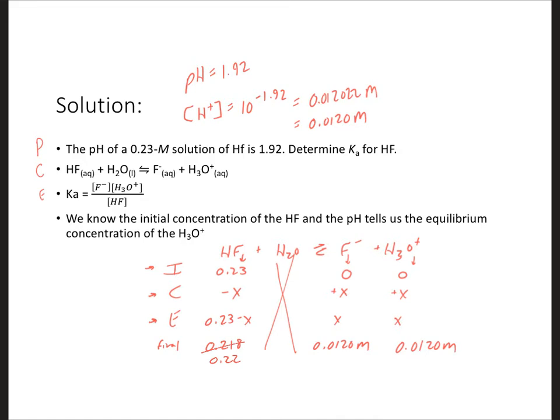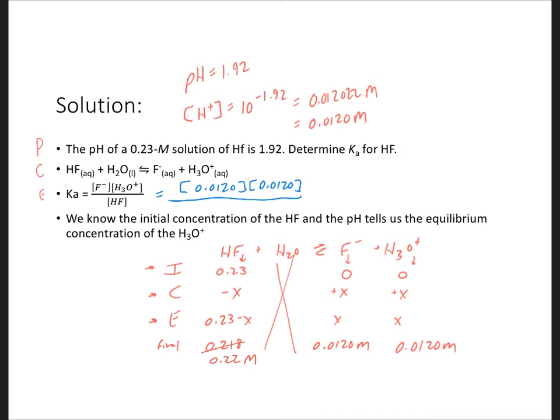So ultimately what they want us to do is to figure out the Ka. So we're going to have to plug these values into that equilibrium expression. We've already written the equilibrium expression up here, so let me put those numbers in. My F minus, 0.0120. My H3O plus, 0.0120.